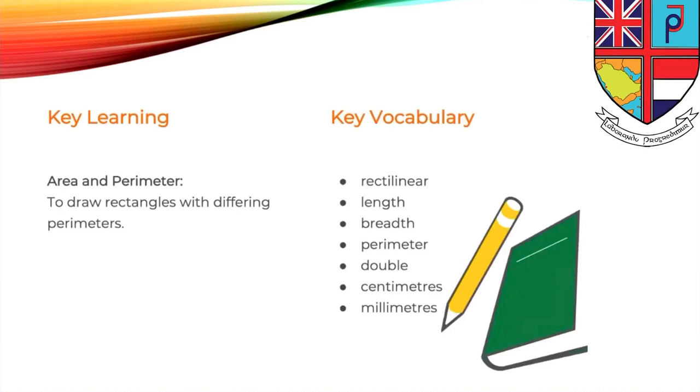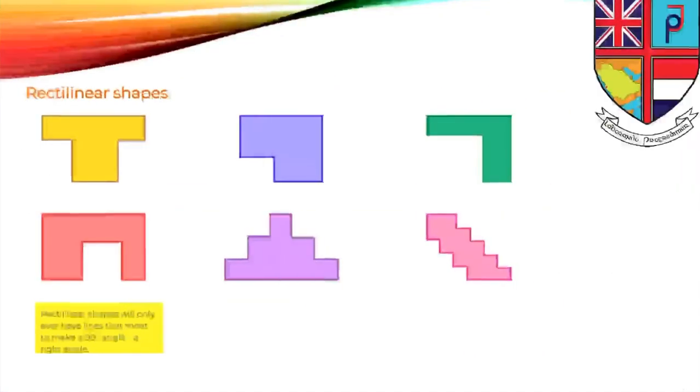After rectilinear, we've got length, and breadth, which is a tough word to say as well. Perimeter, we know perimeter, and we know double, centimeters and millimeters. These are our units of measure. Also, we've got meters, and different measurements.